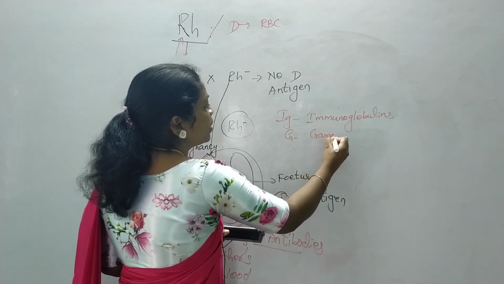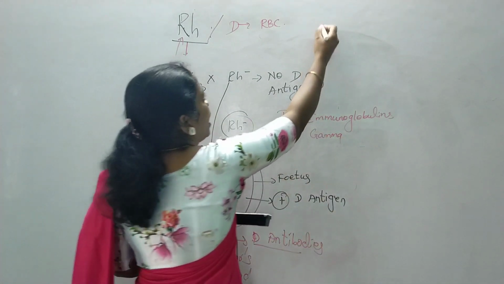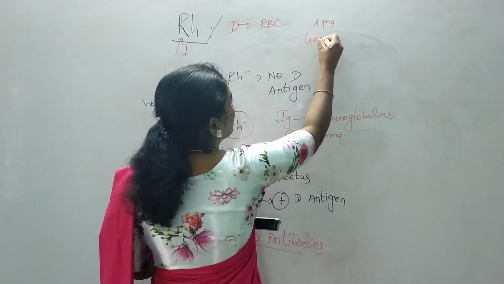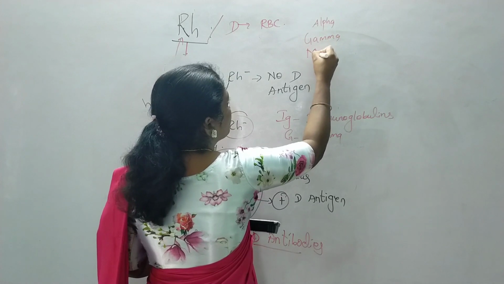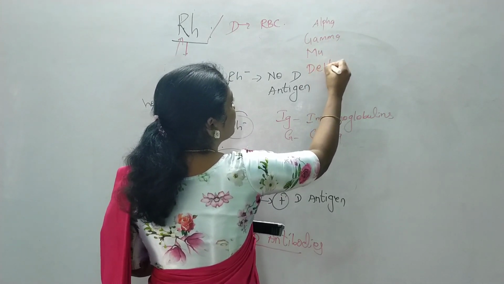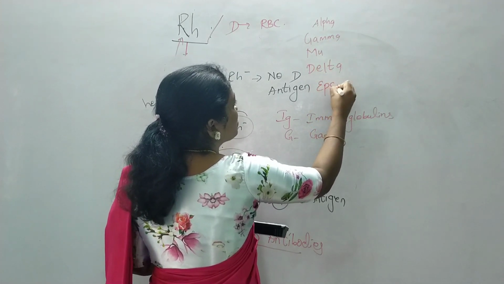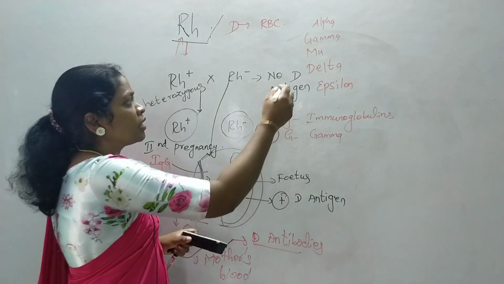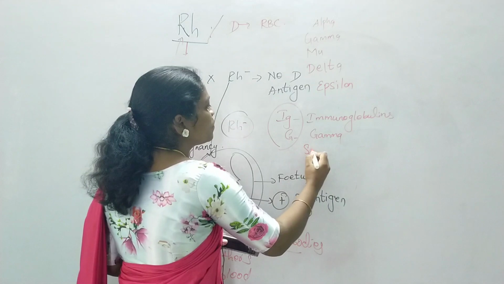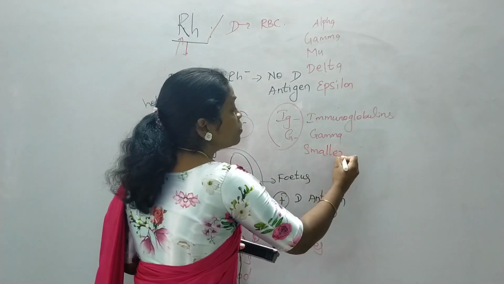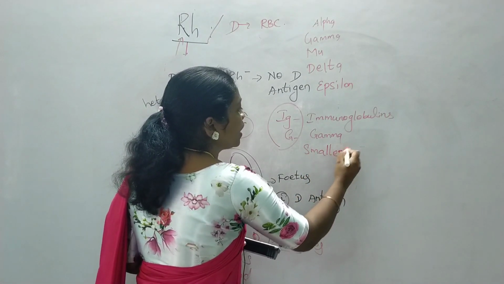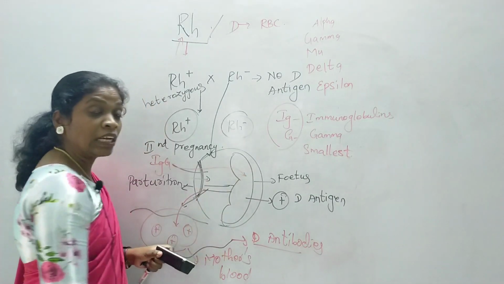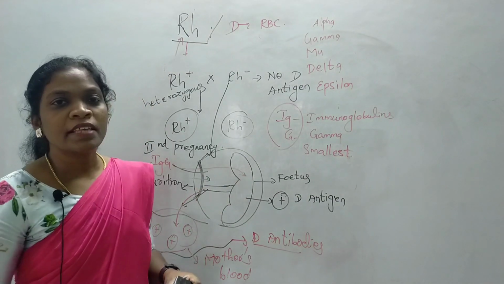There are different types of immunoglobulins like alpha, gamma, mu, delta, epsilon. These are the 5 different types of immunoglobulins. Among them, IgG is the smallest one. The smallest one can cross the placenta and enter the fetal circulation during the second delivery.